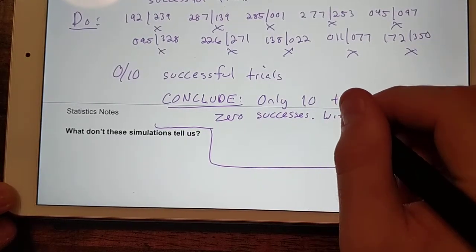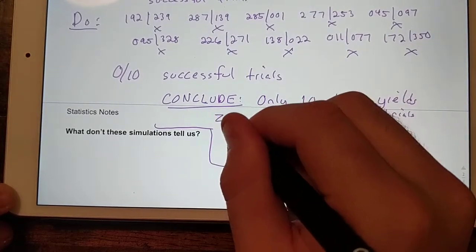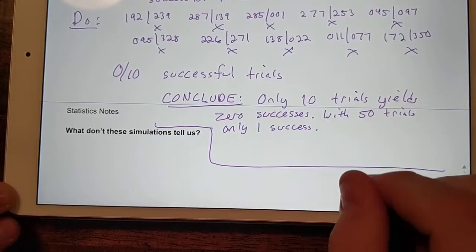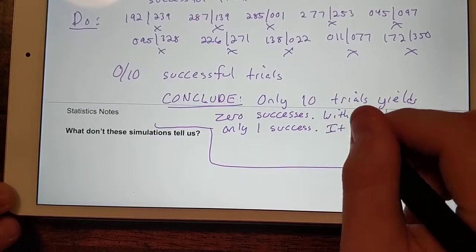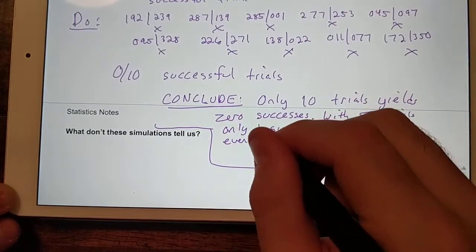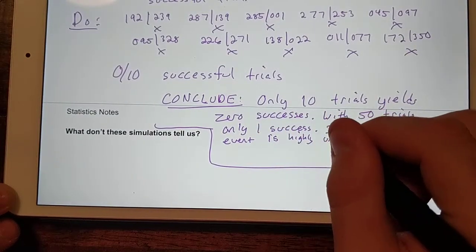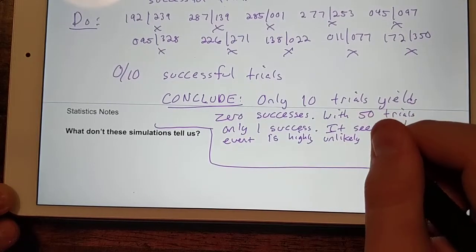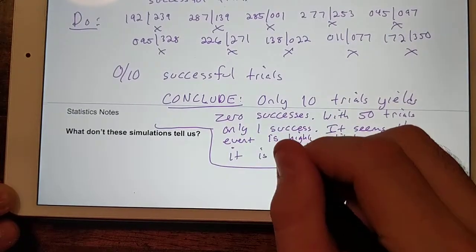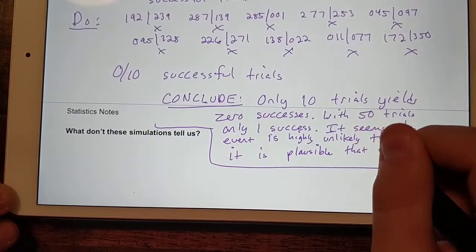So with 50 trials, only 1 success was found. So it seems the event is highly unlikely. Therefore, it is plausible that the lottery was rigged.